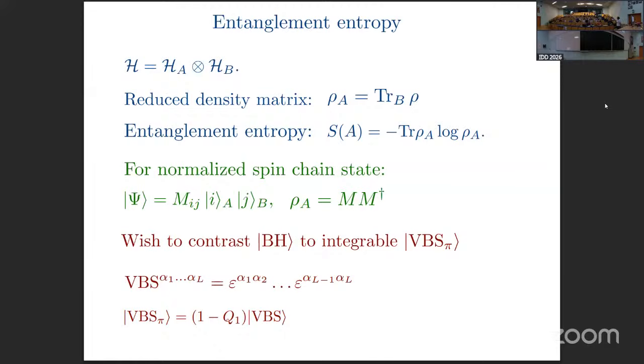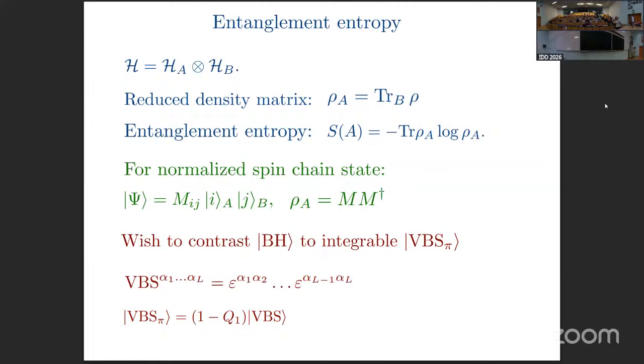So we want to do that for the black hole state, and we want to contrast it to an integrable state, which is similar. And the one we will take is a so-called valence bond state, where there's only some correlation between nearest neighbors. So it's built from arches in the diagrammatic picture, which are just in a long row, no arches below other arches.